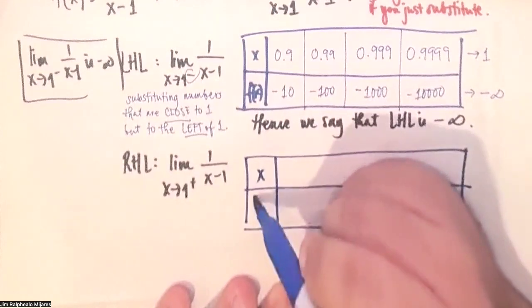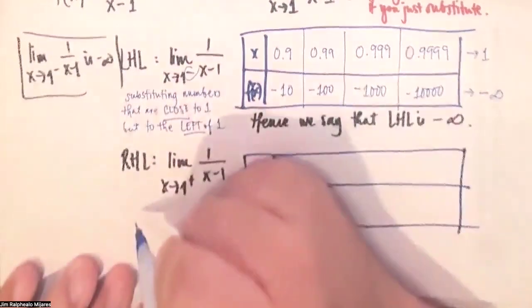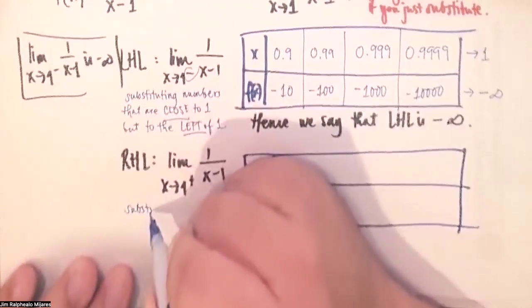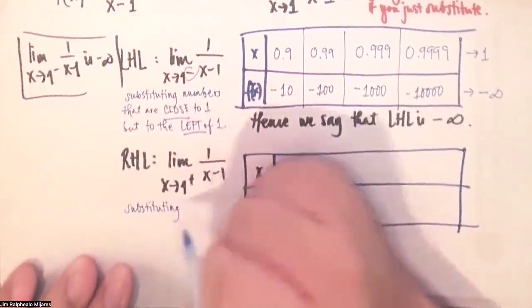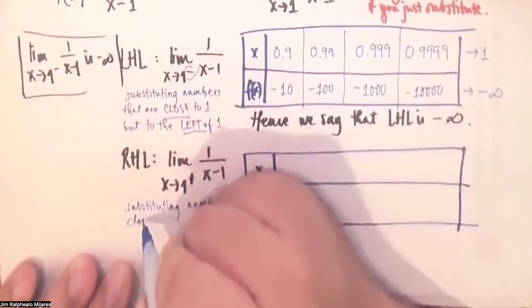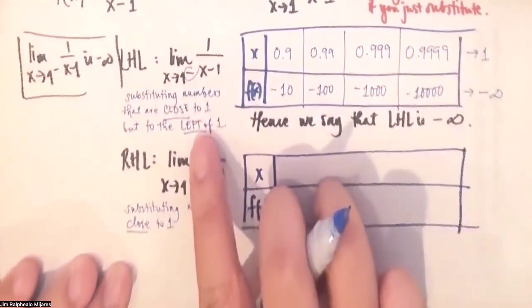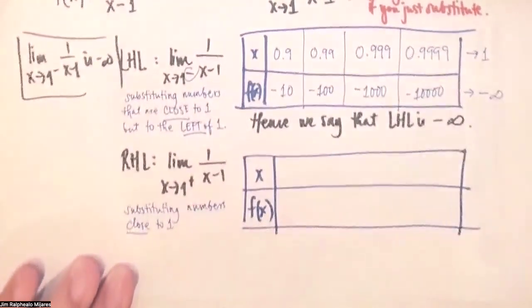So x, f of x. Again, we are substituting numbers that are close to 1. And this time, instead of to the left, this is now to the right of 1.